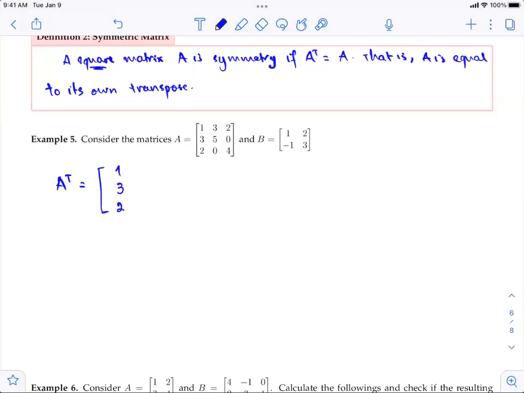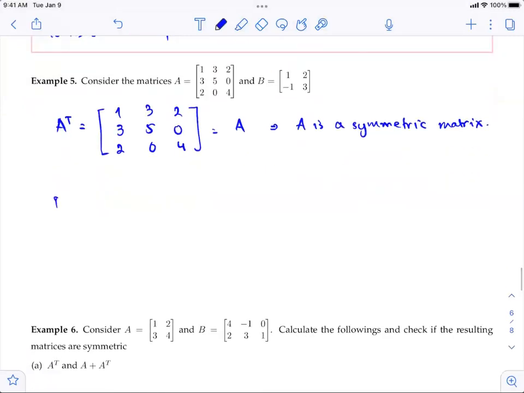So A transpose is going to be the same as A. Therefore, you say that A is a symmetric matrix. Similarly, for the case of B transpose, it gives me 1, 2, negative 1, 3. And as you can see, this is different from B. So you conclude that B is not a symmetric matrix.